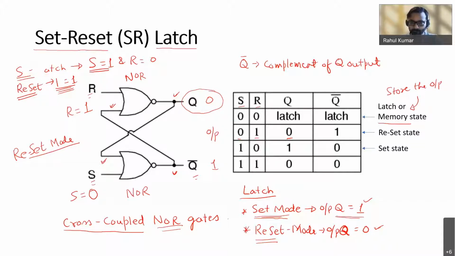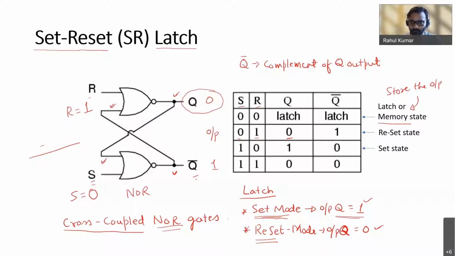Once you have set or reset your output, if you apply S equals 0 and R equals 0, then whatever your output is, 0 or 1, it will be stored.